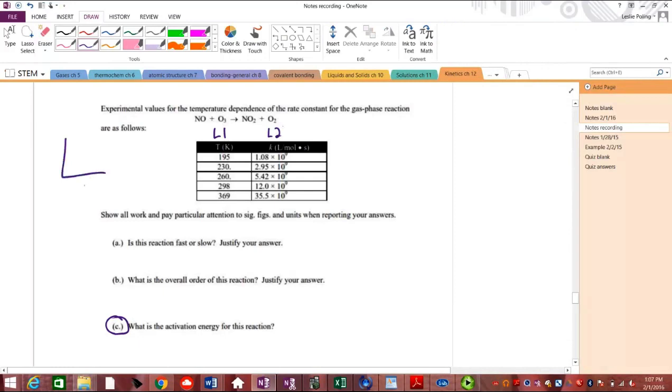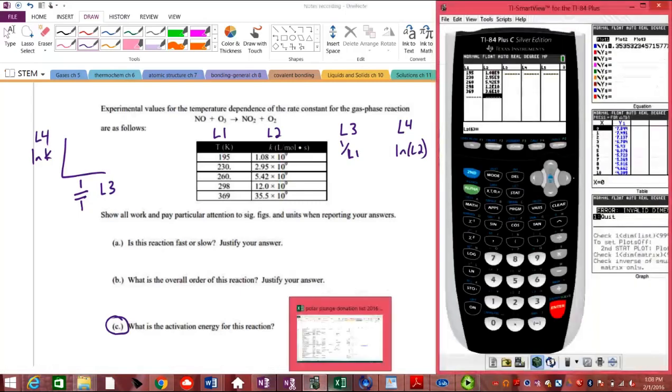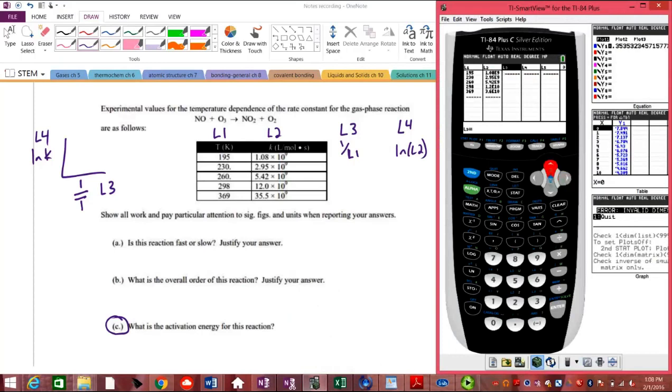But remember, what we need to graph is 1 over T and natural log of k. So we want to make a list 3 that does 1 over list 1, and a list 4 that does the natural log of list 2. So then when we graph, it'll be list 3 as our X and list 4 as our Y. So remember, we want to go up to the top.